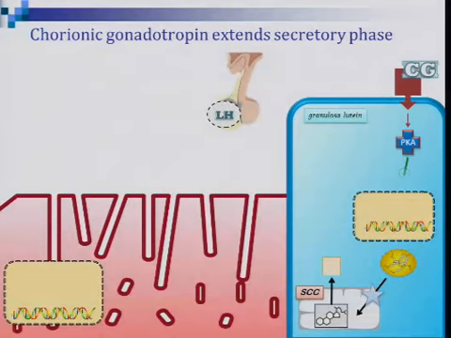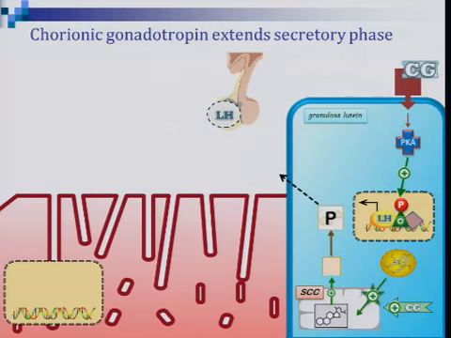So we have chorionic gonadotropin here, leading to synthesis of progesterone. That progesterone feedback inhibits the luteinizing hormone release, but of course we're not worried about that. We're not worried about that, so we have the chorionic gonadotropin.